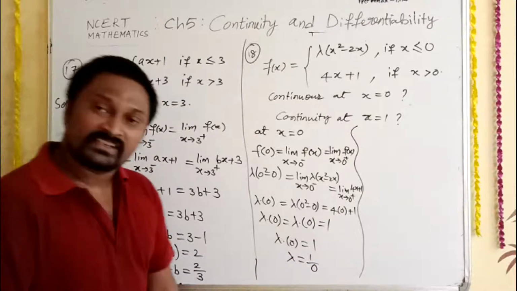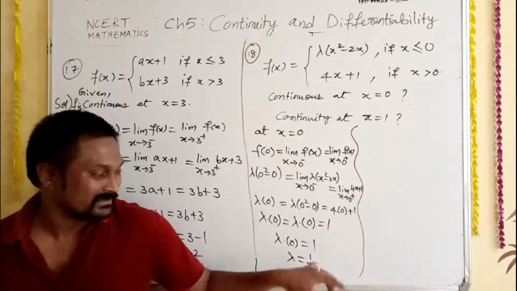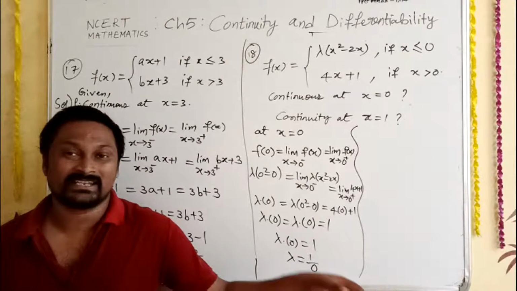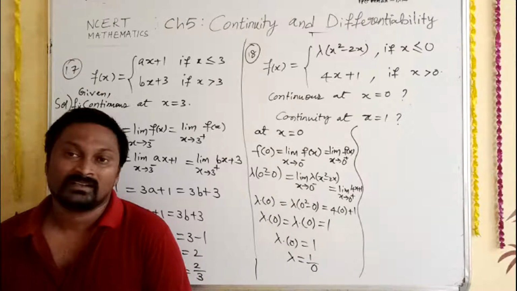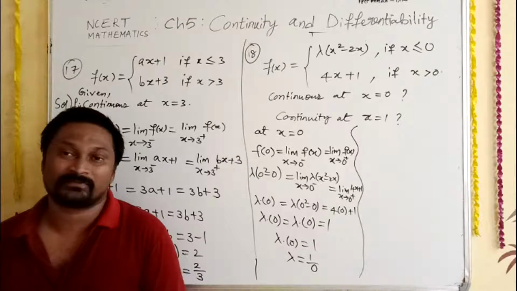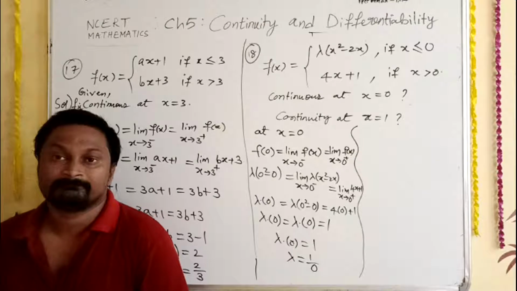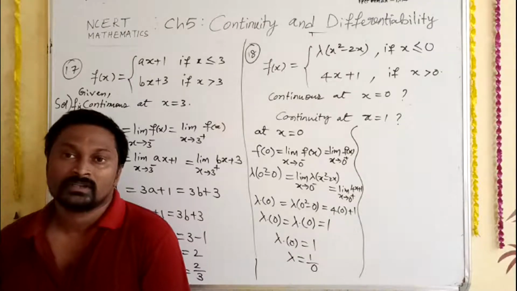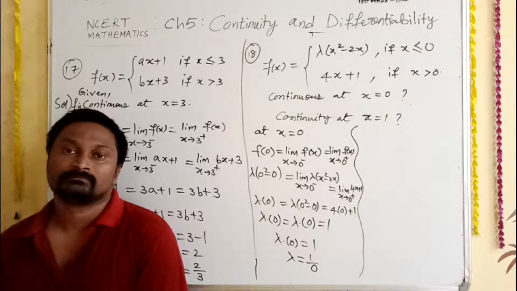Is 1 upon 0 defined or undefined? Tell me the answer now. Is 1 upon 0 defined or undefined for lambda? Tell me the answer fast. Comment in your comment box so that I can understand. Kusum and Vinod, are both there or not?